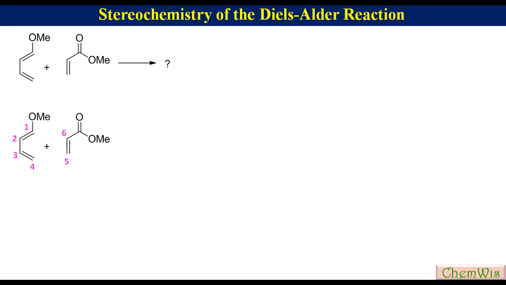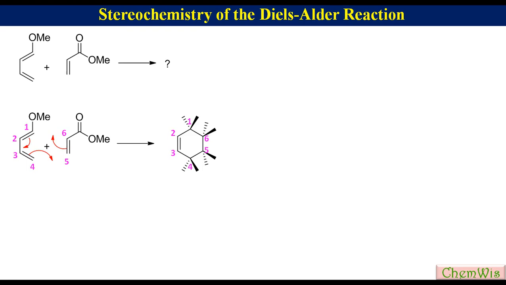We already know that it would give the ortho regioisomer. After Diels-Alder reaction, the skeleton of the product will look like this. Now, put the atoms and groups at their respective positions.